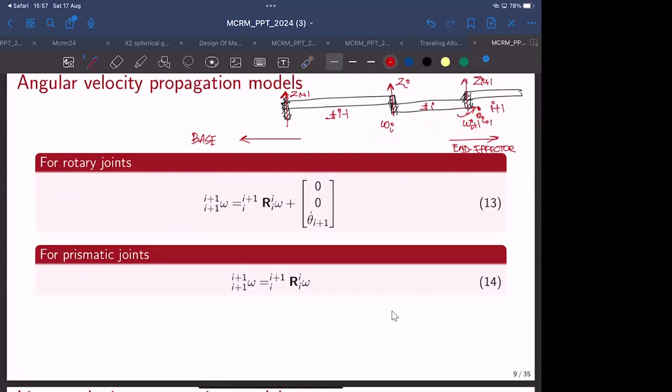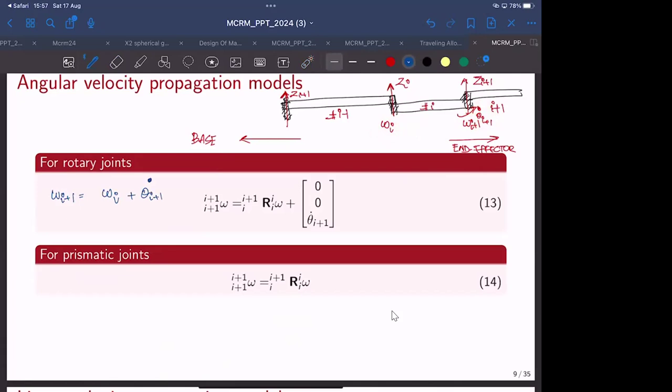So you can write it vectorially like this. Omega I plus 1, the angular velocity of the next joint, is the angular velocity of the previous joint, omega I, plus the contribution due to this rotational input, theta I plus 1 dot.